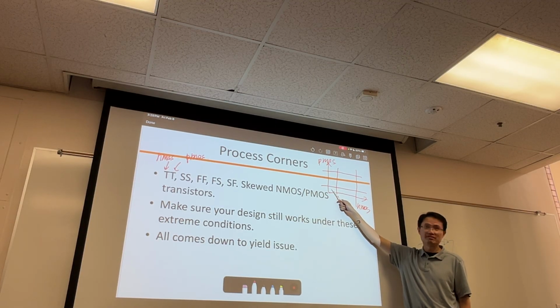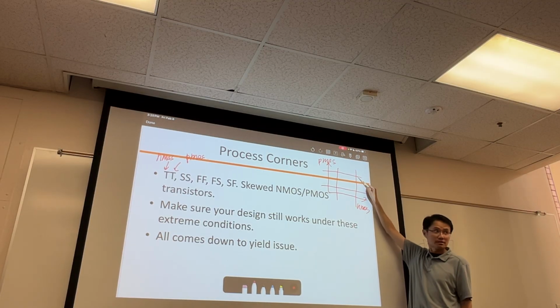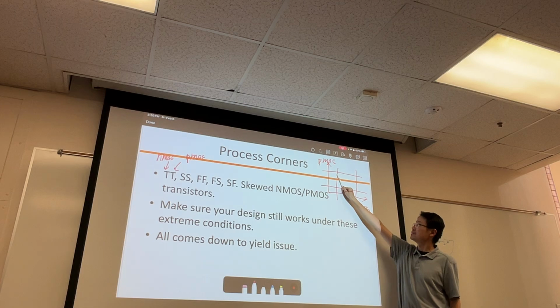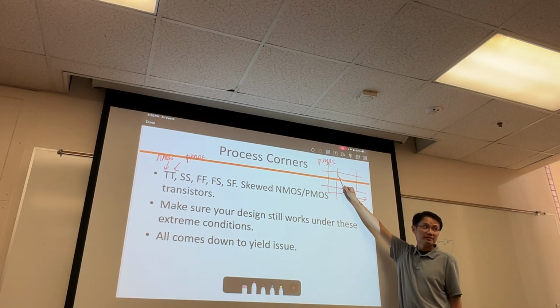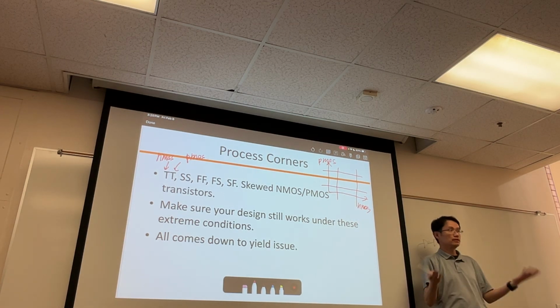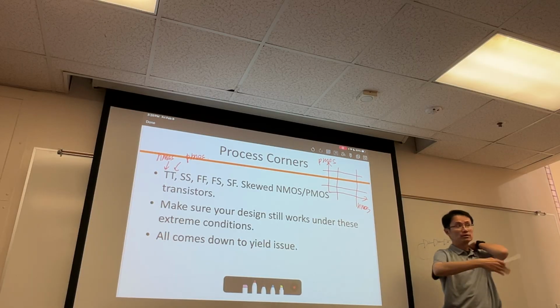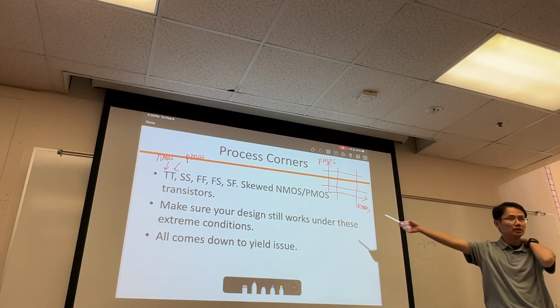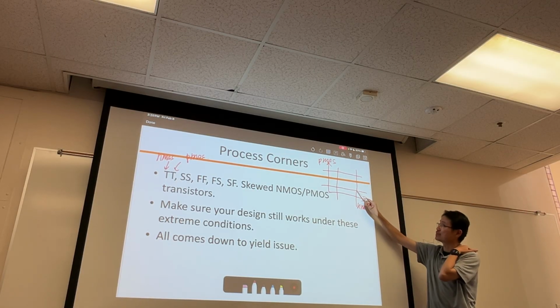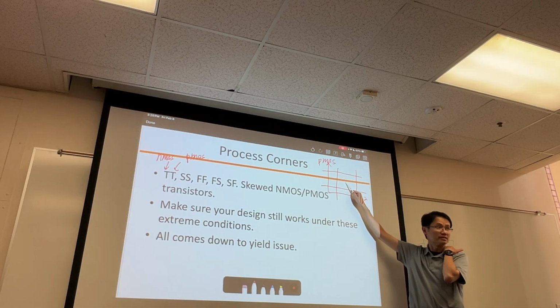Fast corner, right? And this is SS, and this is FS. Okay, so that's how you check. So in the future when you run the corners, you're basically just trying to see what's your boundary condition, plus the typical in the center.